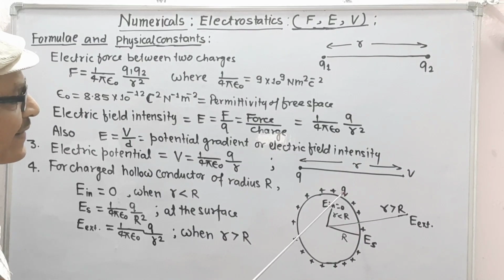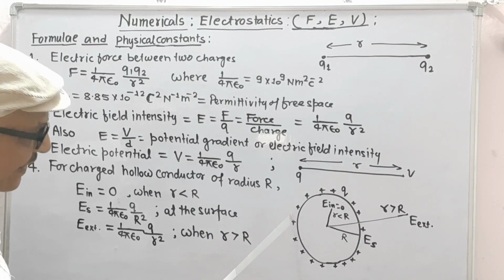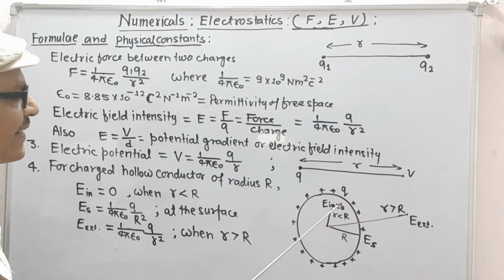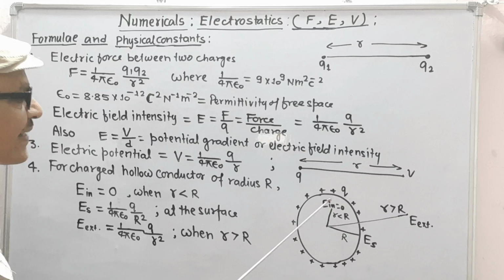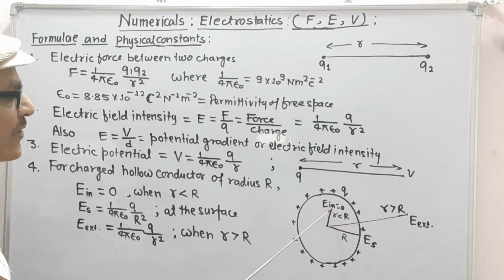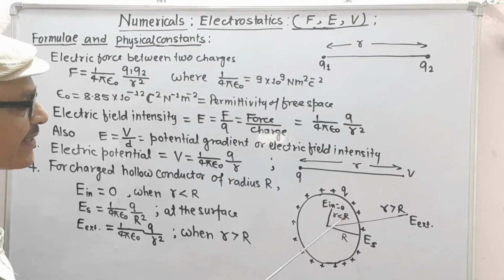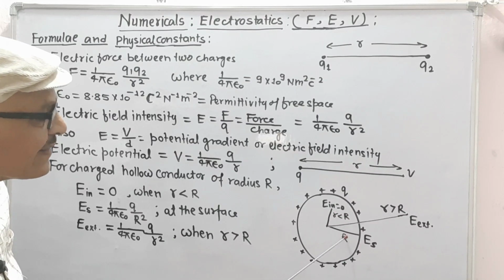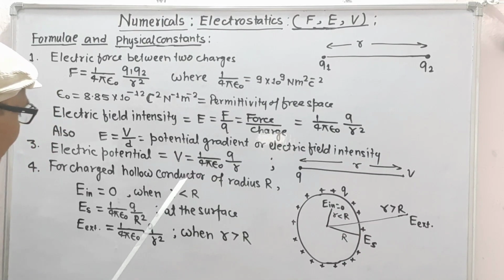capital R and q is the charge on its surface, then electric field intensity at any point inside the conductor is 0. That is, E in will be 0 when distance of point is less than the radius of sphere.